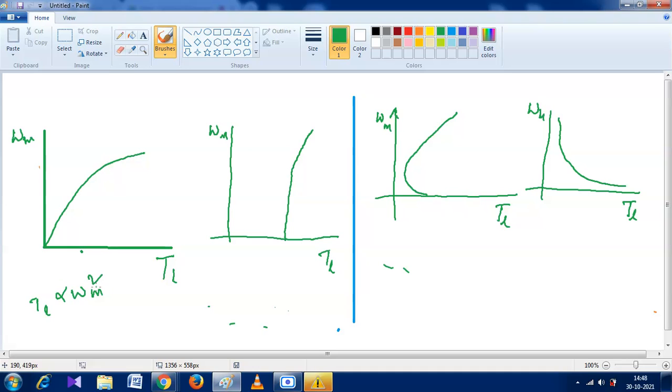In case of a normal ceiling fan, the load torque is proportional to the square of the speed. And in the second case, first it is independent of speed, then after increasing the speed, the load torque is also increasing.